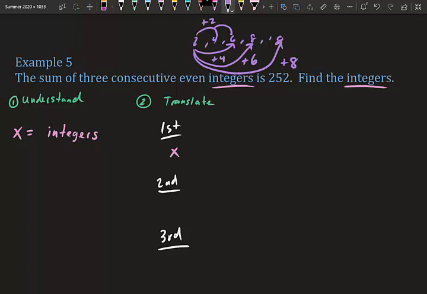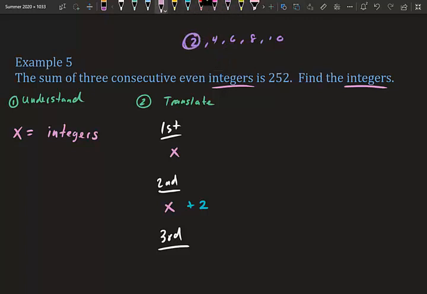So our second integer, it's x, but we need to get to the next one. So we're right here. To get to the next one, we have to plus 2. So we're going to plus 2. Okay. So now to get to our third one, we're still at the beginning.